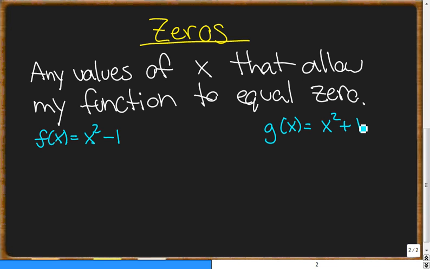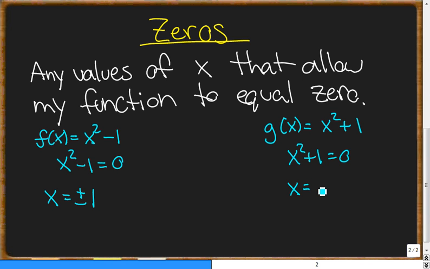So in this case, if I set x squared minus 1 equal to 0, I would get x equals positive or negative 1. Now on this side, if I set x squared plus 1 equal to 0, I'm going to get x to be positive or negative i.